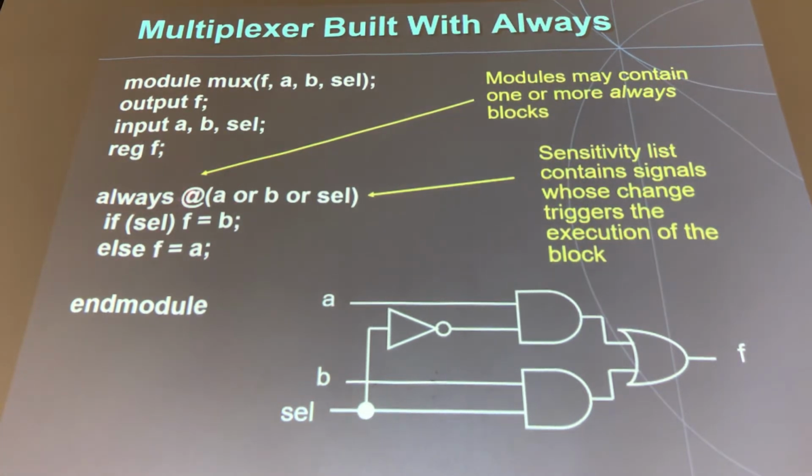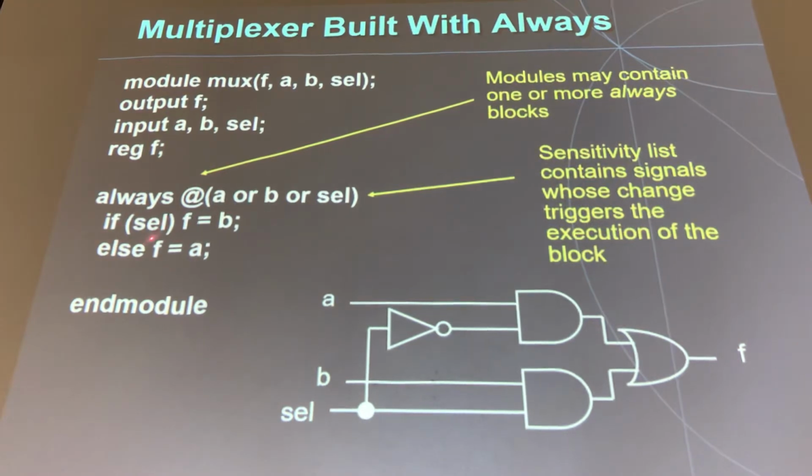So let's look at it. The always block: always @(A or B or cell) means if A or B or cell, these input signals, changes, either one changes, then you have to re-evaluate, recalculate this statement.